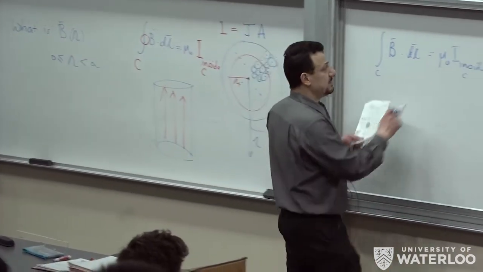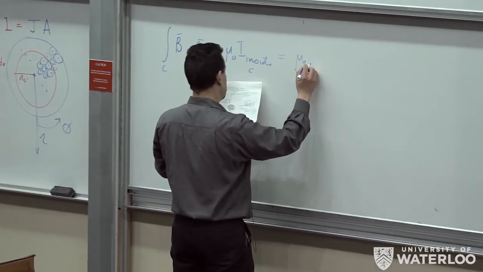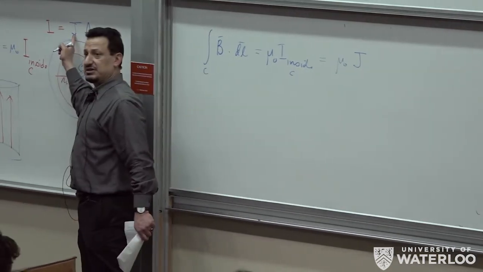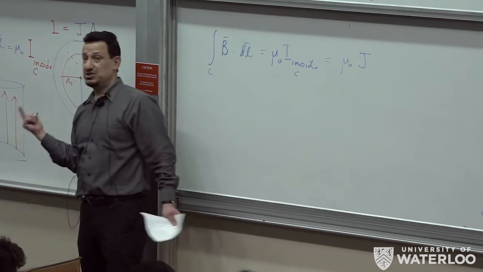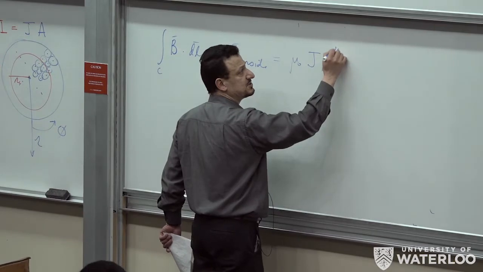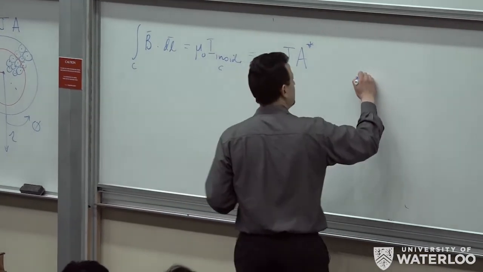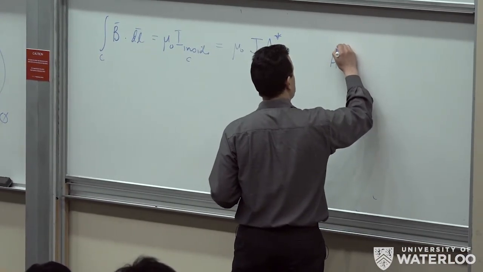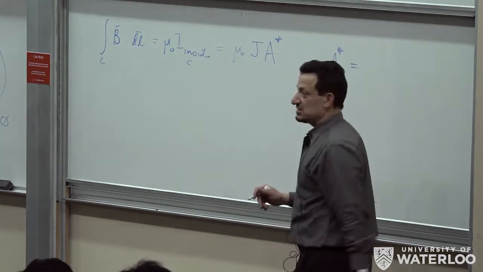So this will be mu naught I inside equals mu naught J, the current density. Is the current density changing throughout this wire? No, it's constant. Multiplied by A superstar. A superstar is an A that is found on American Idol. No. A superstar, what is A superstar?